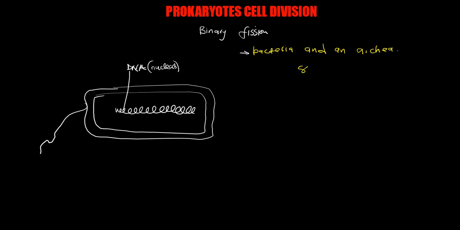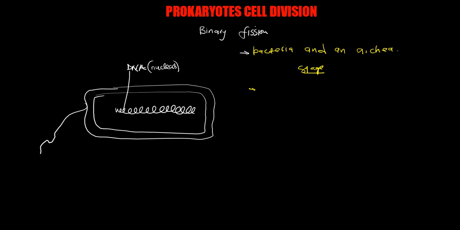There are stages that these organisms have to undergo before they actually divide. So what are those stages? We are here to talk about those stages now. These are single-celled organisms, like we said, they are unicellular. So shall we start now?